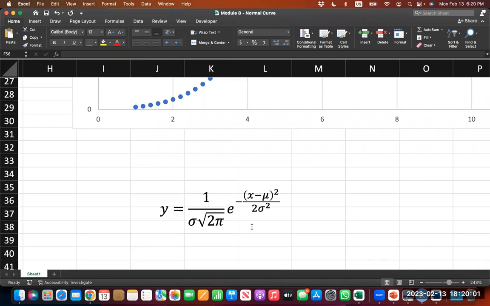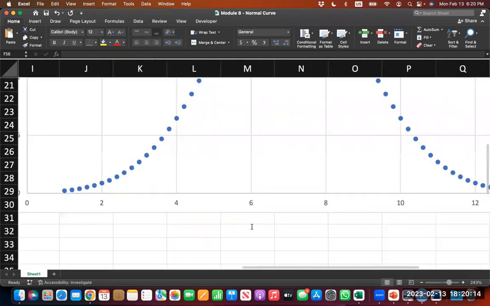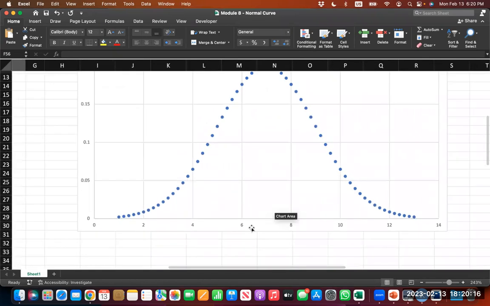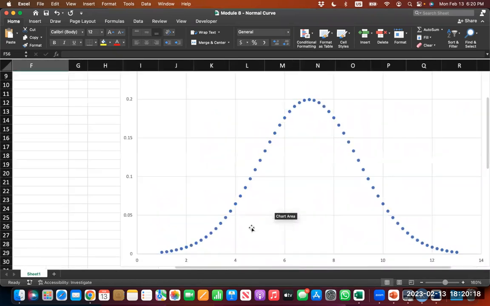And then here you have a sigma squared, you have Euler's number, a natural logarithm, and you have pi. And this in its totality as a function defines this shape. So now this shape, as you have seen from the equation, is determined by the mean and the standard deviation. So basically everything evolves around this mean, and it's symmetric on both sides.